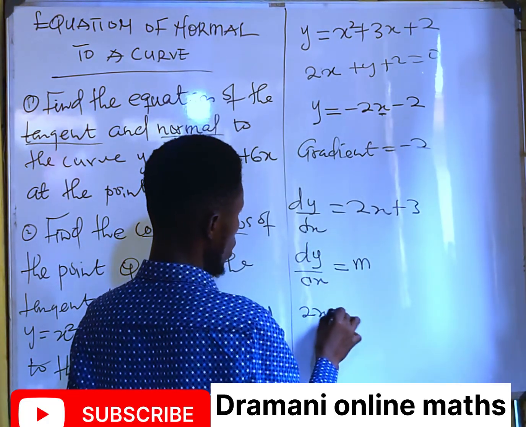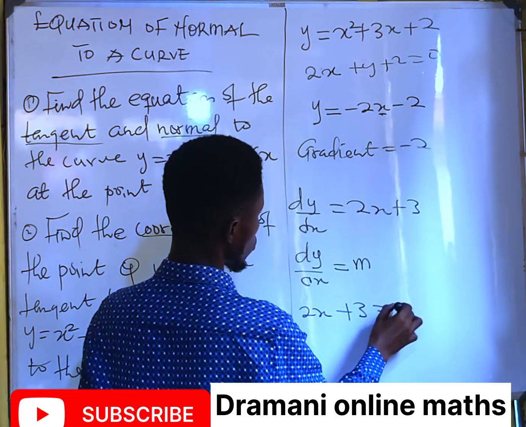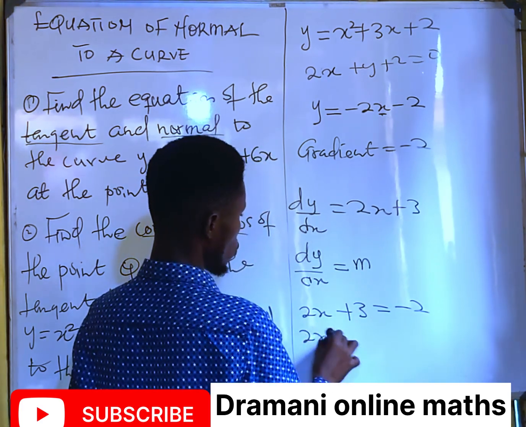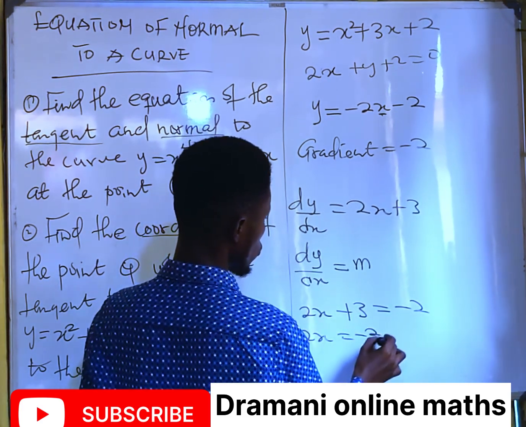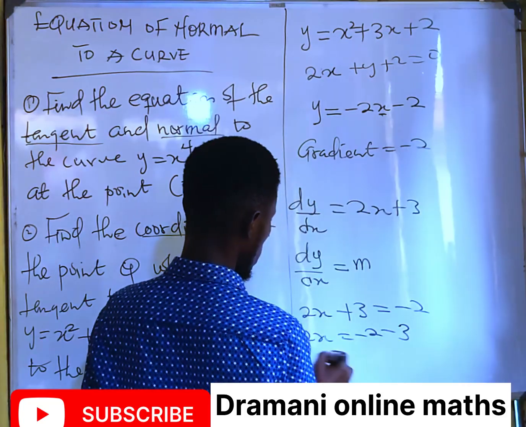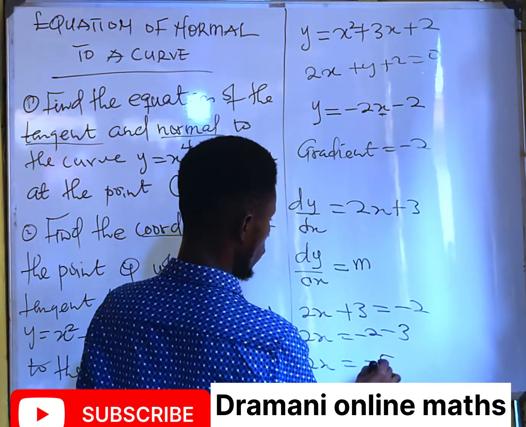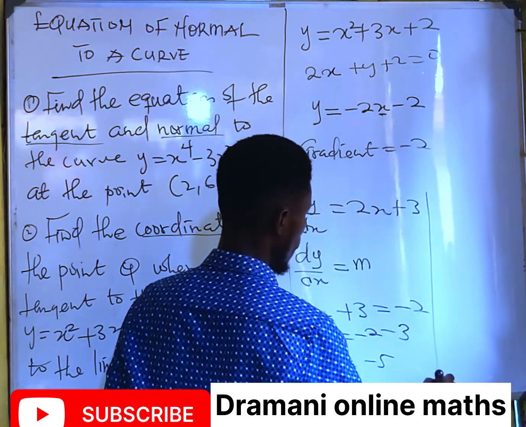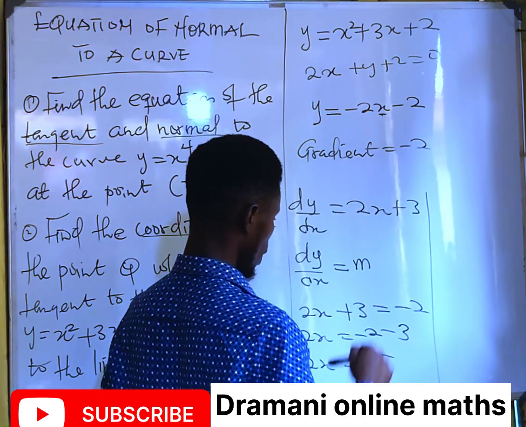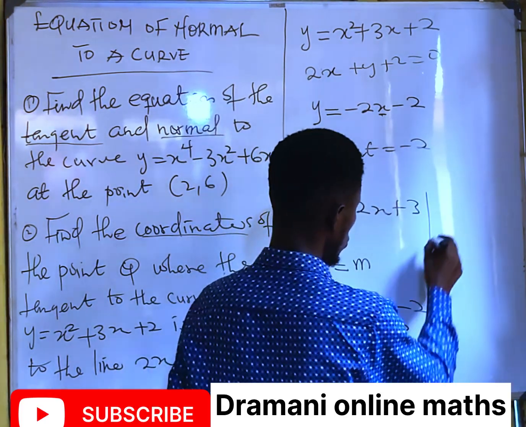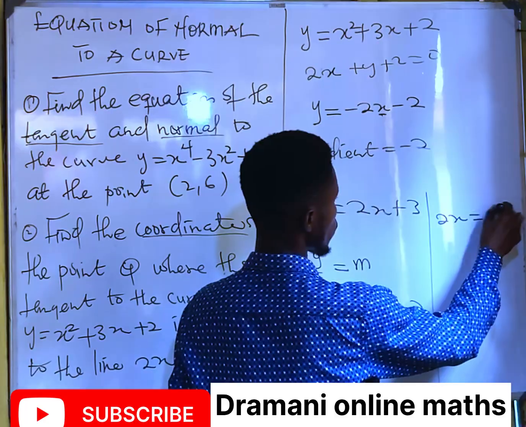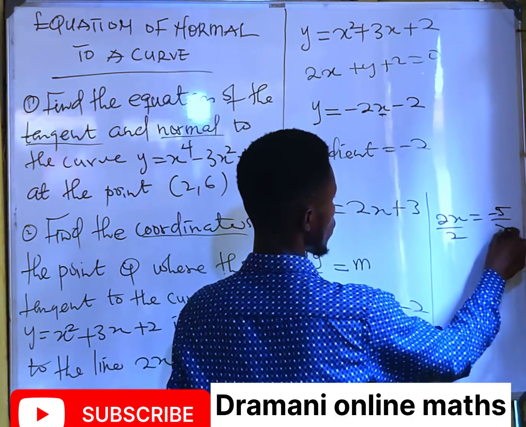So 2x plus 3 should be equal to negative 2. So my 2x should be equal to negative 2 minus 3. 2x will be equal to negative 5.